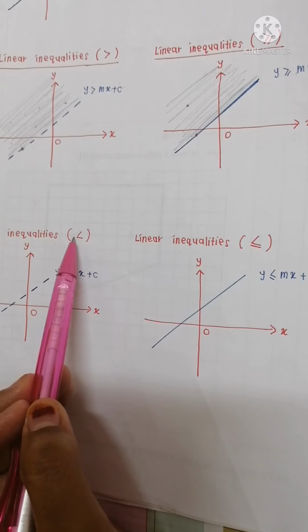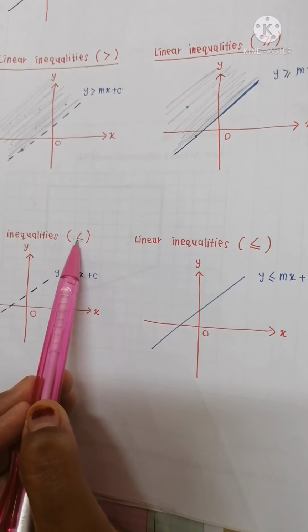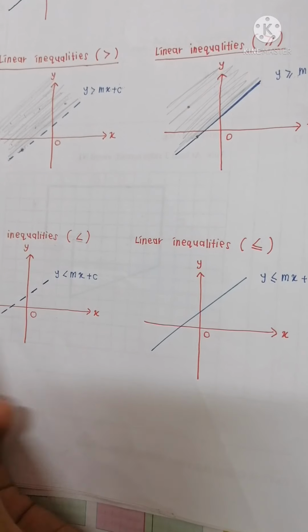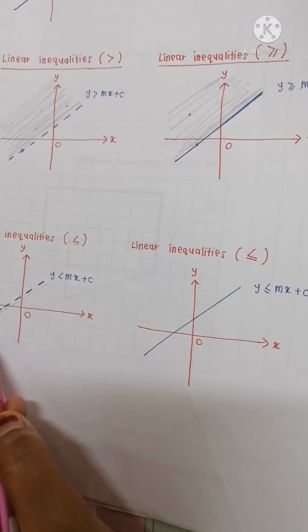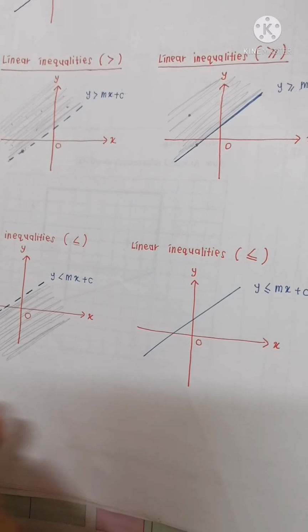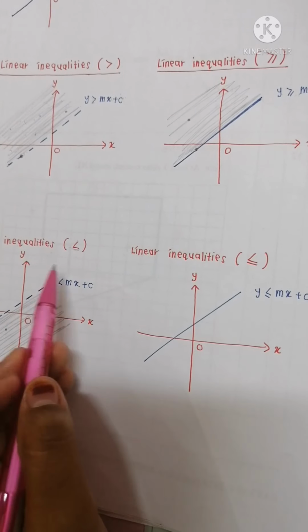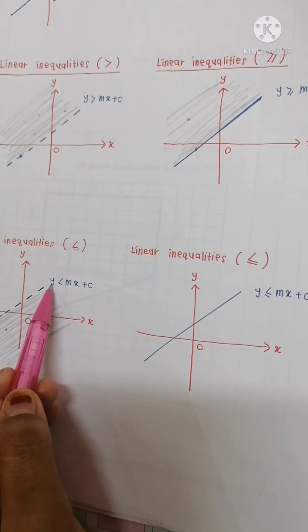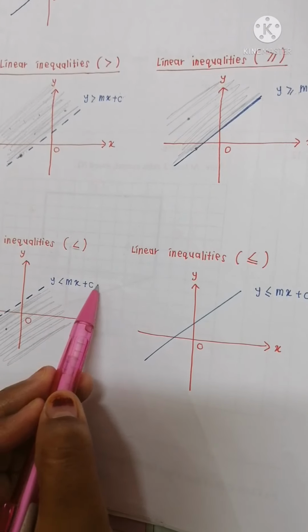For less than, there is no equal sign below the symbol, so the region is below the straight line. All the points that lie below the straight line satisfy the linear inequality of y less than mx plus c.